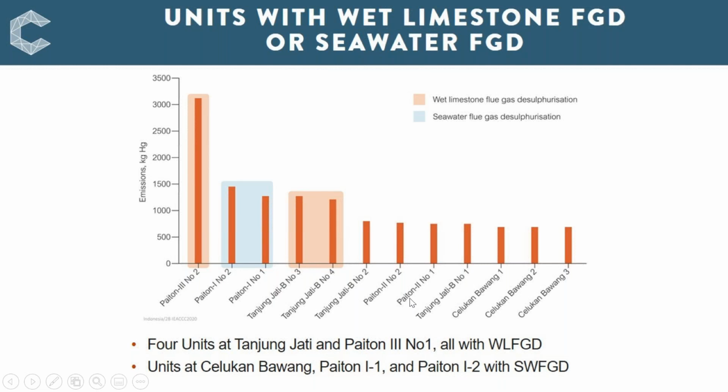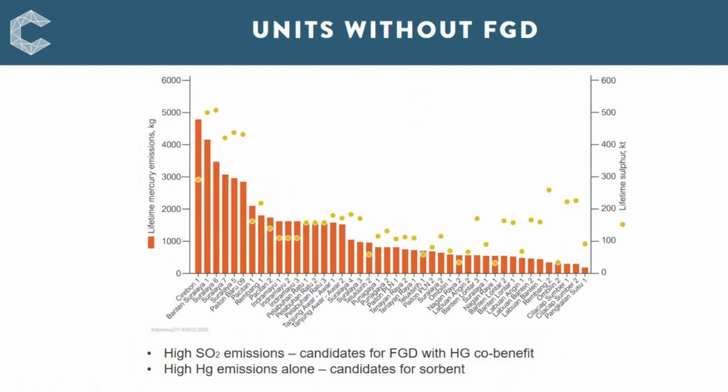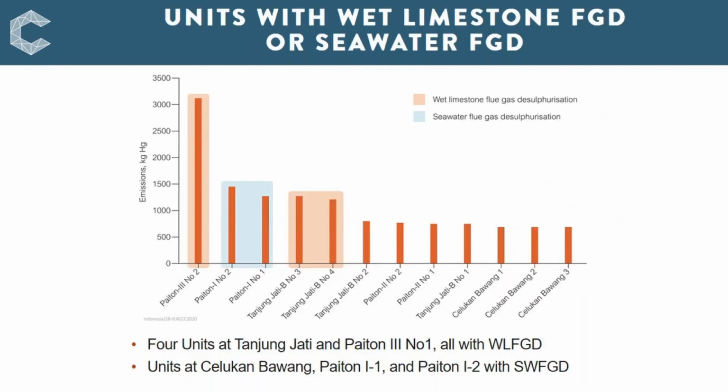What is interesting here is that the Paiton 3 Unit 2 is predicted to emit over its remaining lifetime over 3 tons of mercury. So if we go back to our previous plants, it would be ranking up with our top emitters, even though it has an FGD in place.